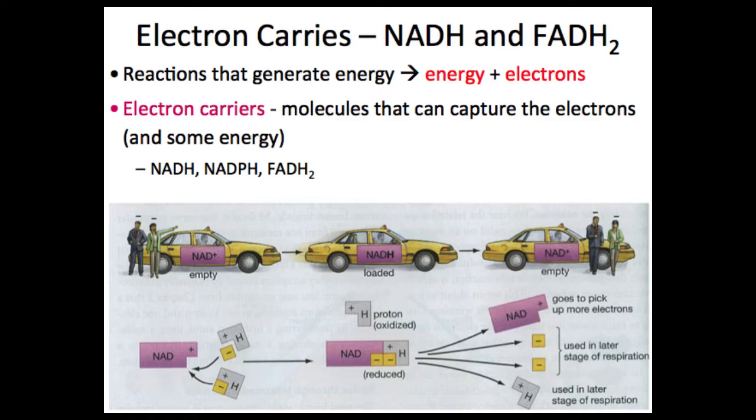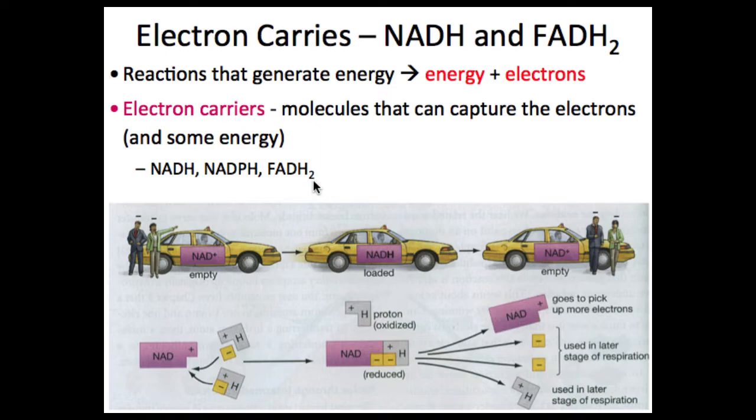During the light reactions of photosynthesis, we learned about NADPH and how those electrons are loaded into our NADP plus to give us NADPH. Well, that's just one of the electron carrier molecules. You can see the names of several others here, NADH and FADH2.